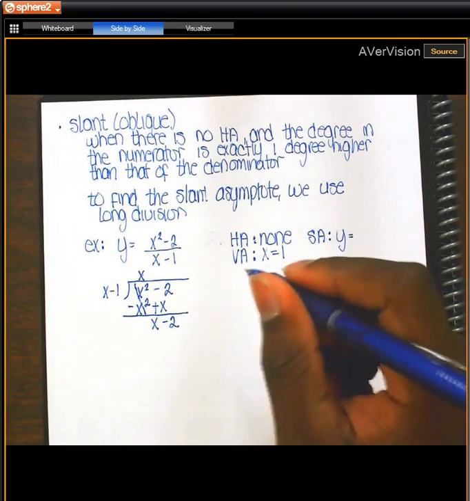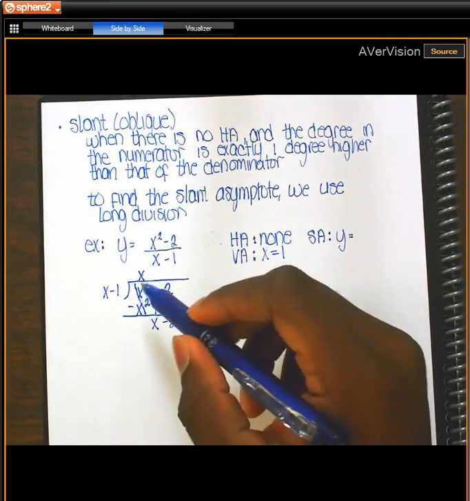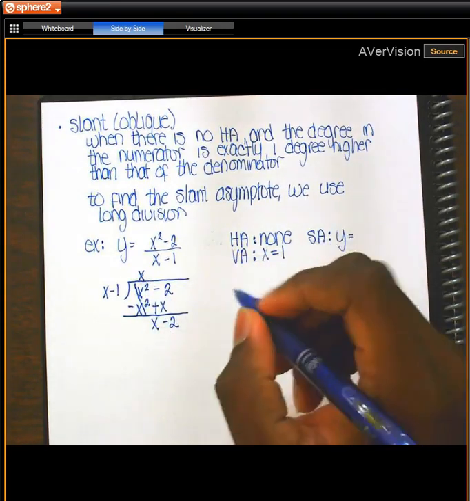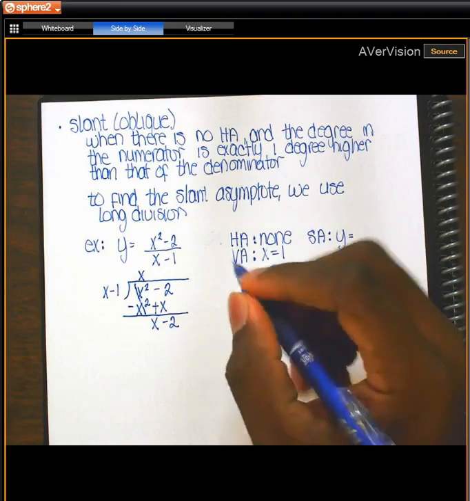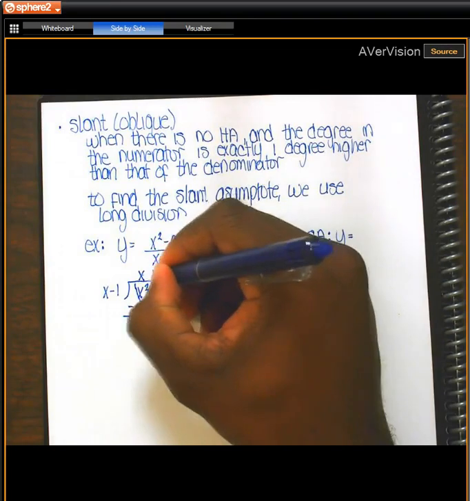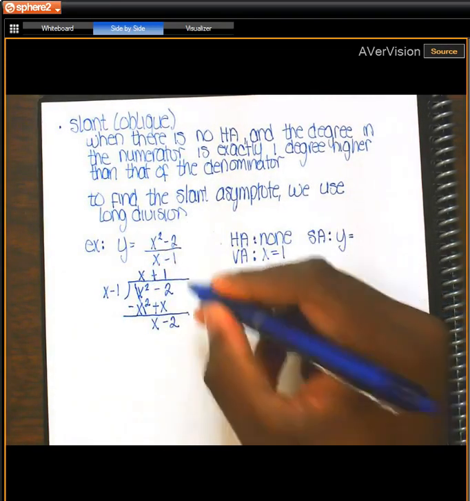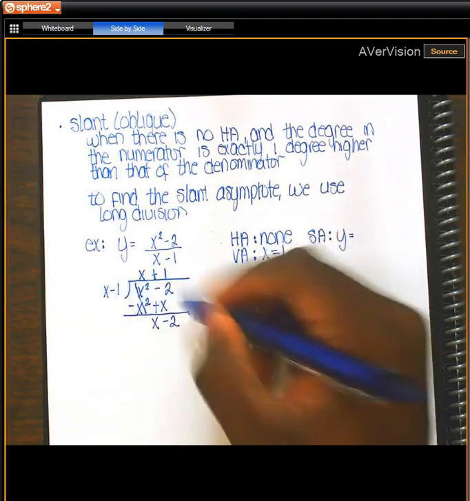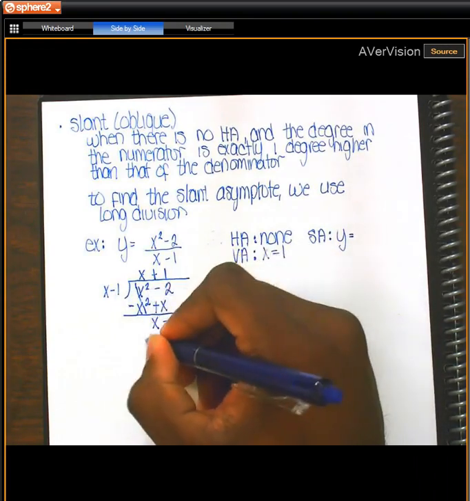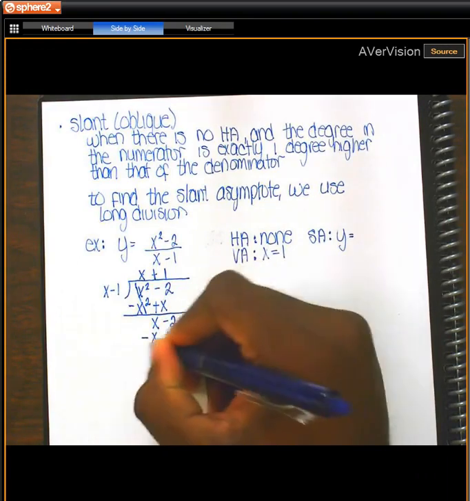What do we have to multiply to x to get x? Positive 1, right? So if we multiply x minus 1 by 1 and we put the opposite sign here, we get -x plus 1.